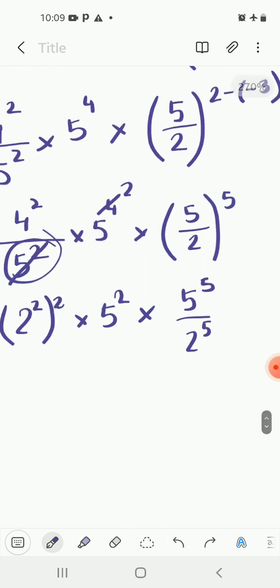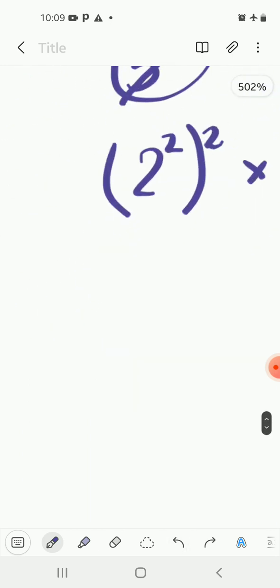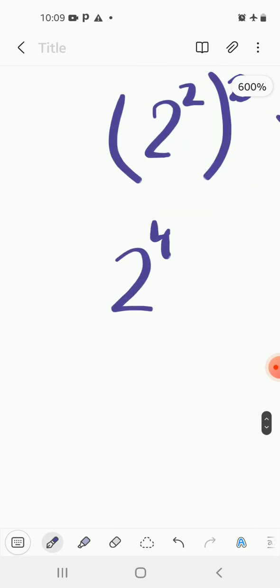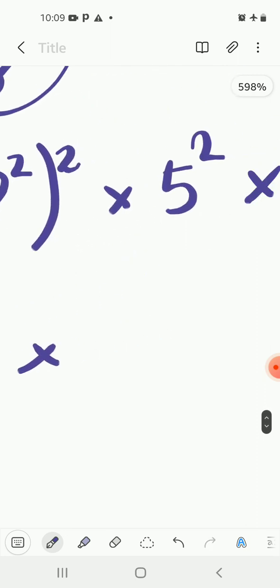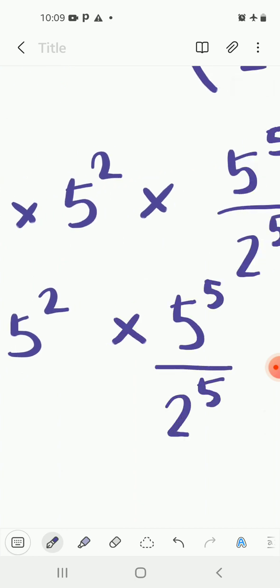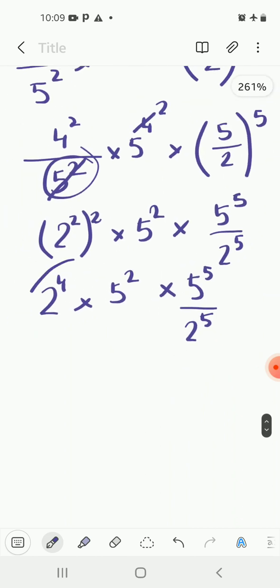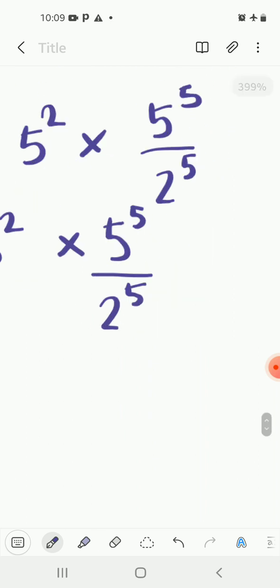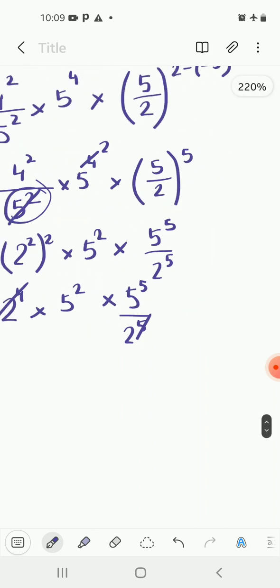Now you can see this becomes 2 to the power 4, 2 into 2. This is 5 to the power 2, and this is 5 to the power 5 and 2 to the power 5. You can see there is 2 to the power 4 and there is 2 to the power 5, so we can cancel this out. There is only one 2 remaining.